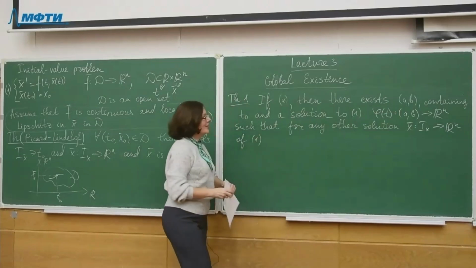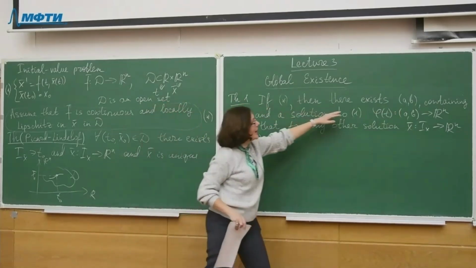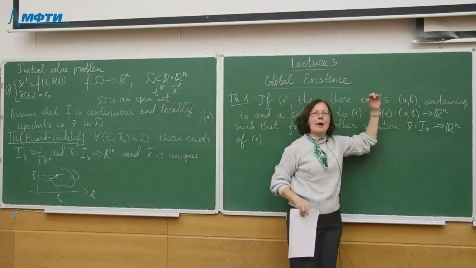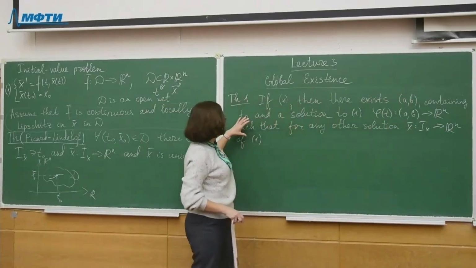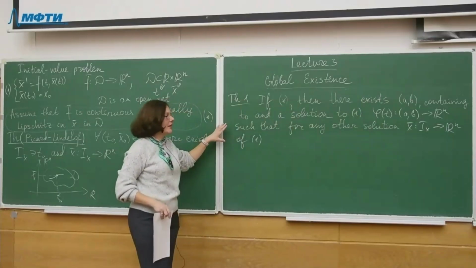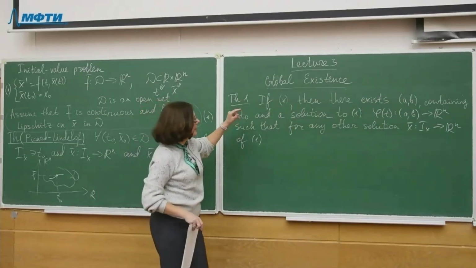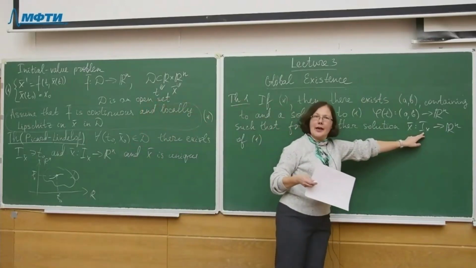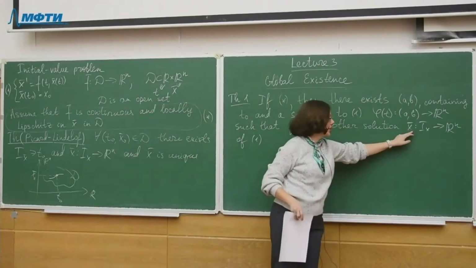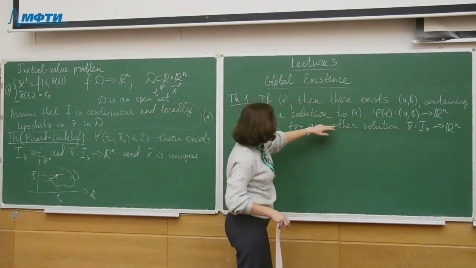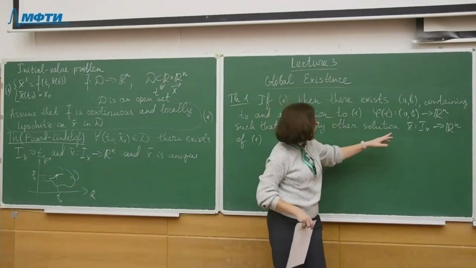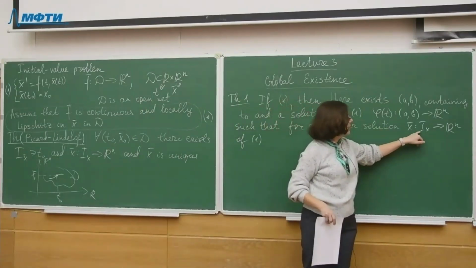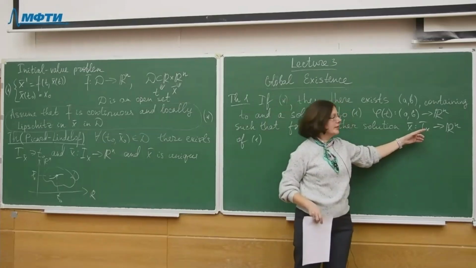So there exists an interval, so this will be the maximal interval, right? But we know by the Picard-Lindelof theorem that there exists some interval Ix and a unique solution x. But for any other solution, we may choose any possible interval, and any solution.